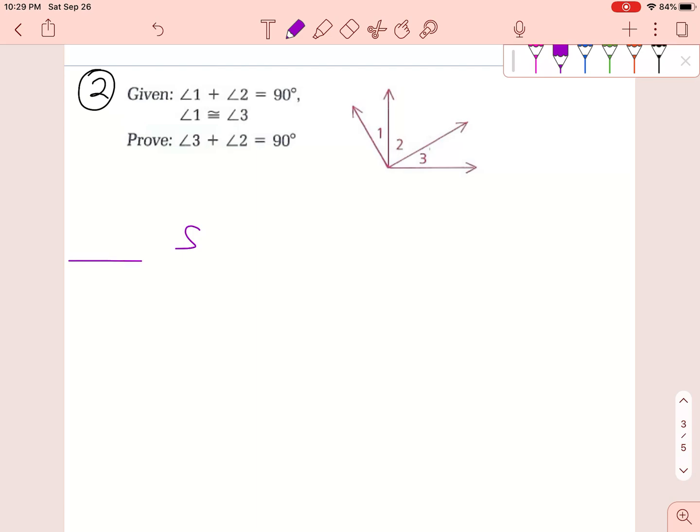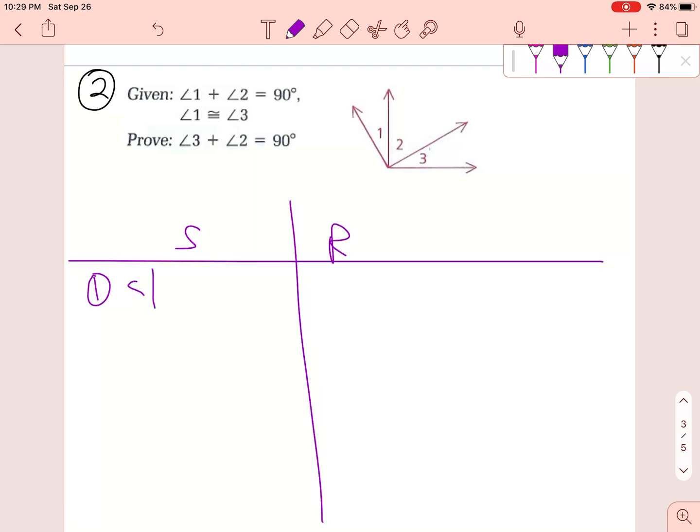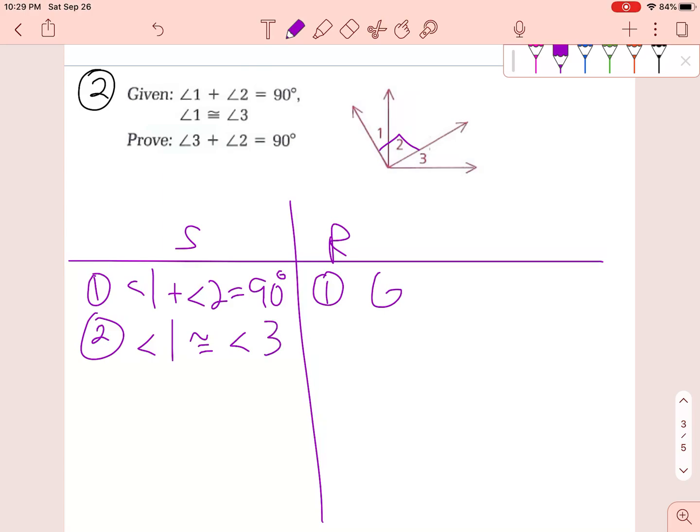So statement, reason. Step 1, angle 1 plus angle 2 equals 90 degrees. Okay, so I'm going to put a little 90 in there, given. Step 2, angle 1 equals angle 3, given. So we're trying to prove that angle 3 and angle 2 equal 90.